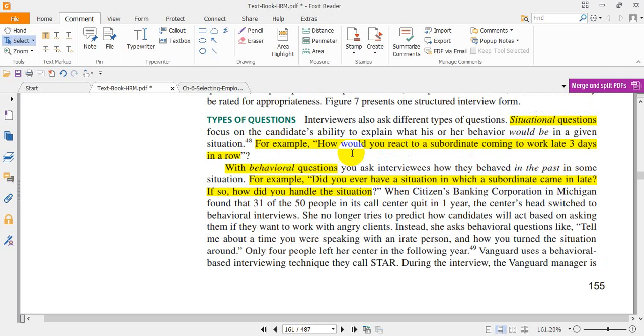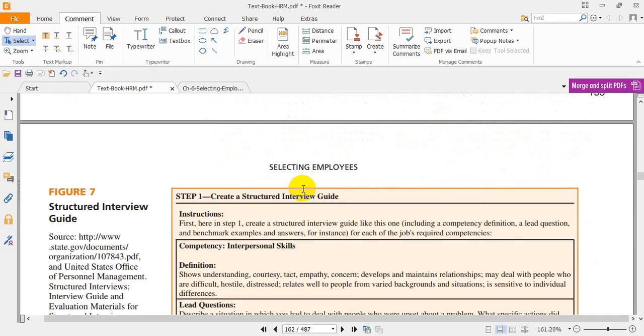Okay, so in situational questions, how would you react to a subordinate coming to work late three days in a row? In behavioral questions, we ask the interviewees how they behaved in the past. An example: did you ever have a situation in which a subordinate came in late? If so, how did you handle this situation?